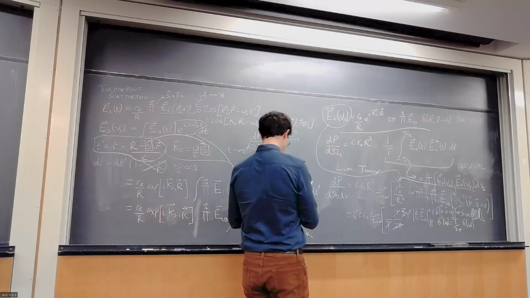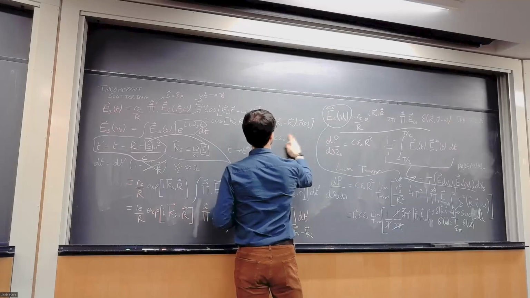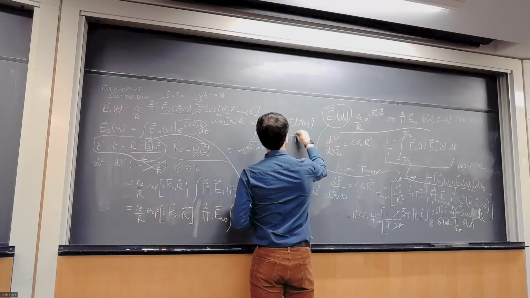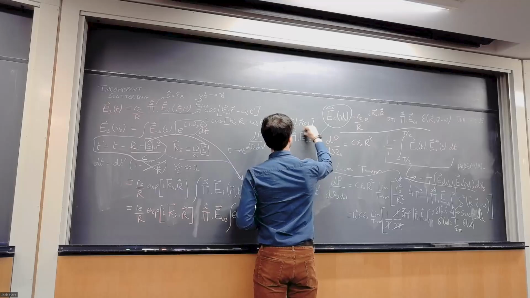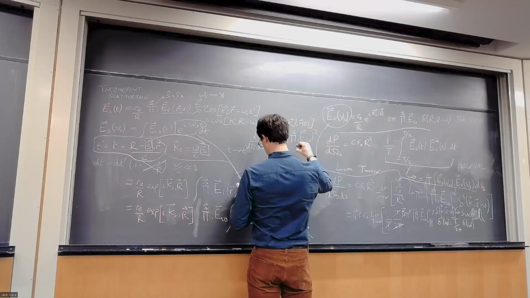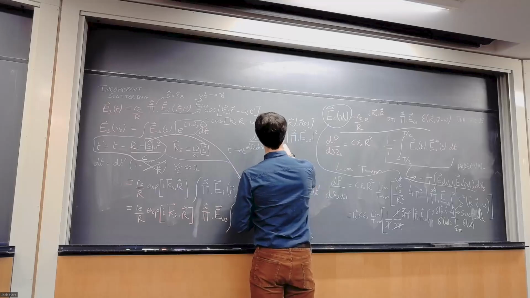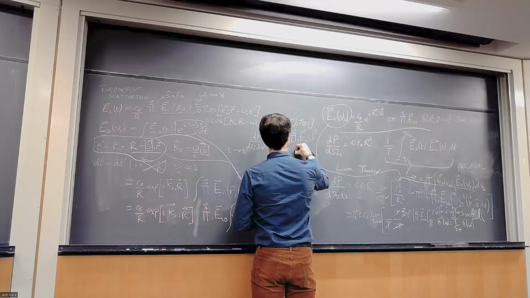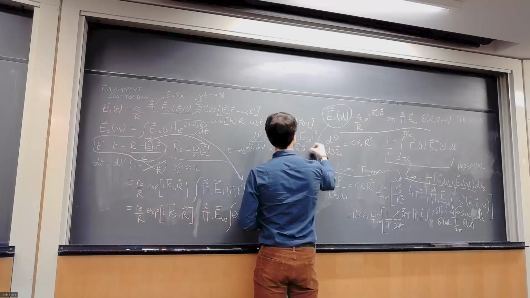What the hell is e? I'm going to keep it as it was. pi dotted into e_I squared times 2 pi delta k dot v minus omega.